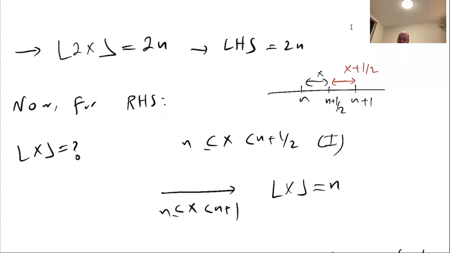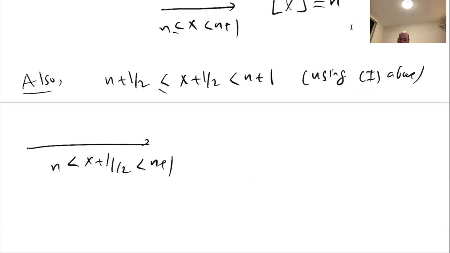Of course, it will be in the bigger gap as well. So x plus 1/2 will be between n and n plus 1. Once it's put between two consecutive integers, I can conclude that the floor of it is n.